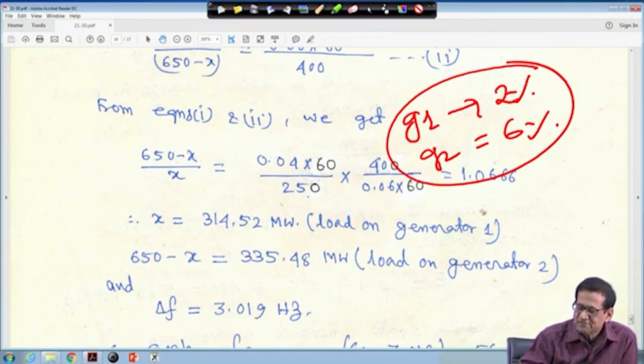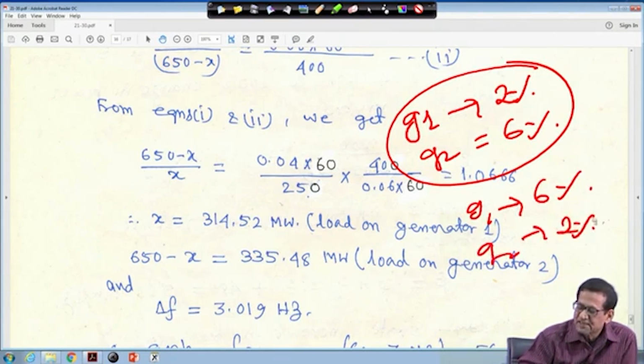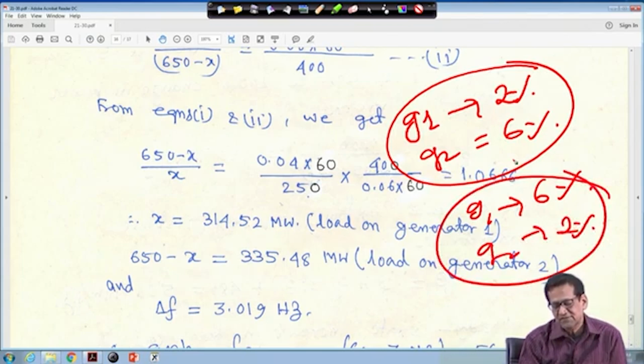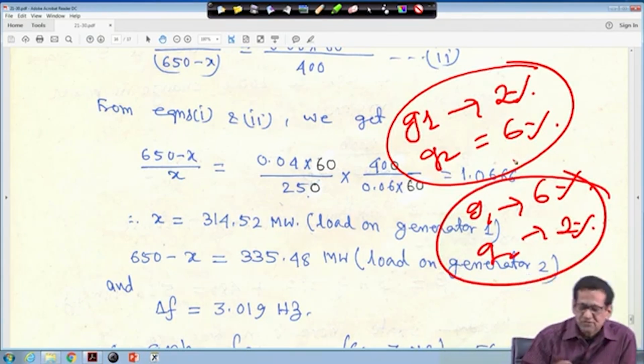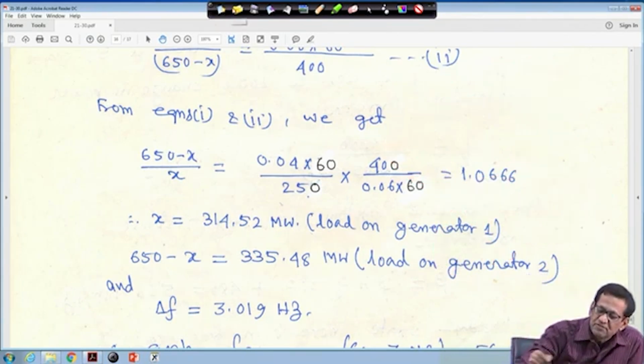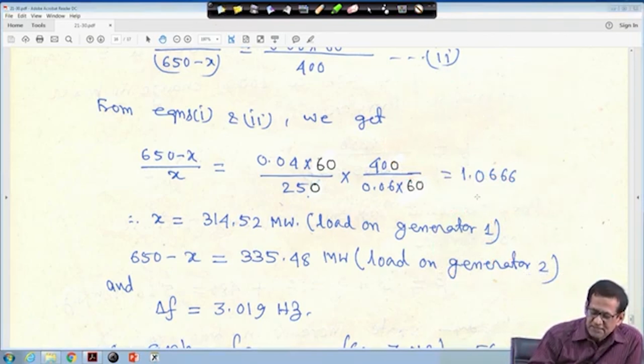Similarly, in another case take G1 equal to 6% and G2 equal to 2%, solve it and see what is happening. But that means generator 1 is heavily loaded.